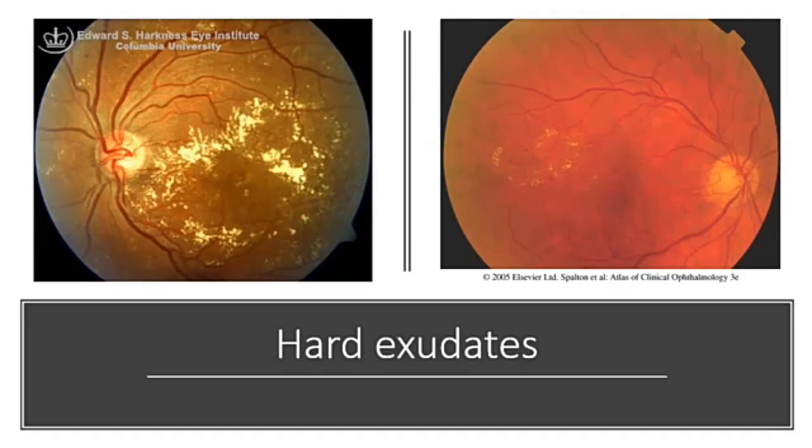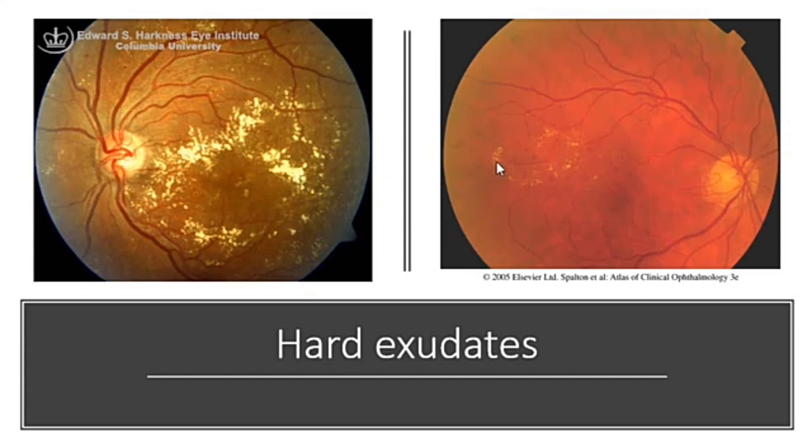And finally, the last sign of background diabetic retinopathy is hard exudates. These are caused by retinal edema and develop at the junction of normal and swollen retina. They're made up of lipoproteins and lipid-filled macrophages, and they are waxy yellow colour in appearance with distinct margins.